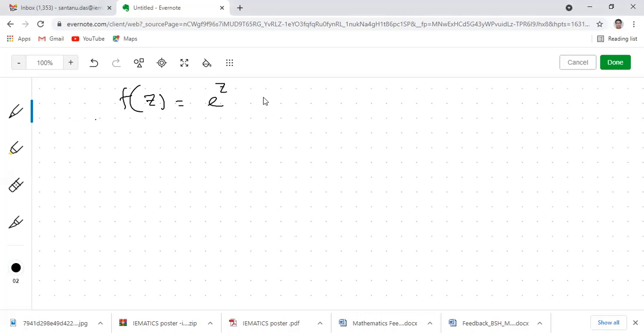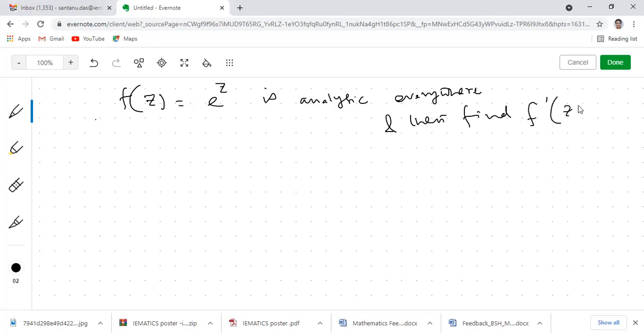We need to show that this function is analytic everywhere, and then find f dash z.